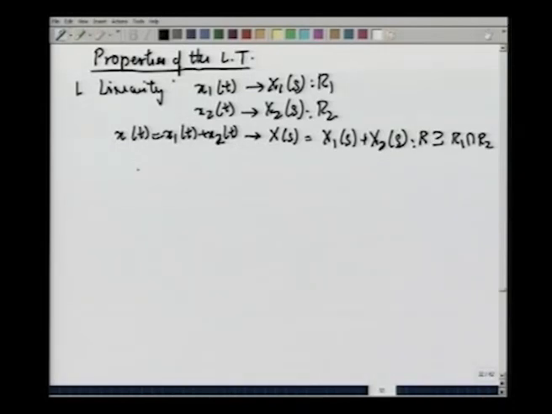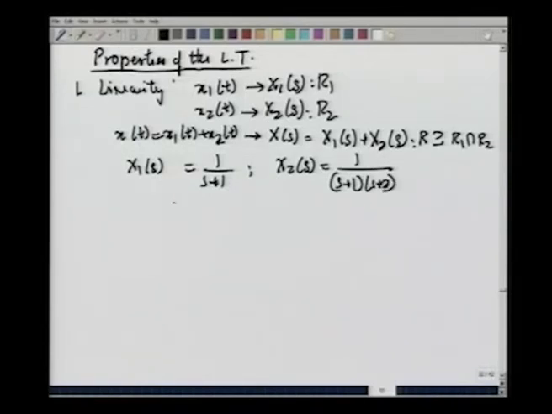As an example, we will consider the following. Suppose we have x1s equal to 1 by s plus 1, and x2s is equal to 1 by s plus 1 times s plus 2.